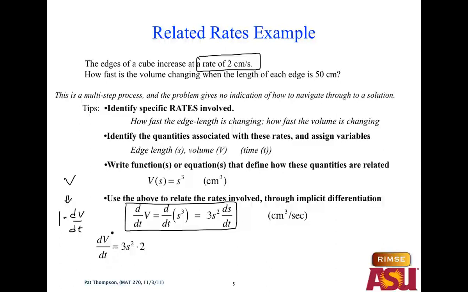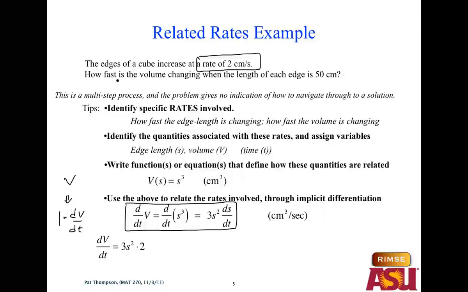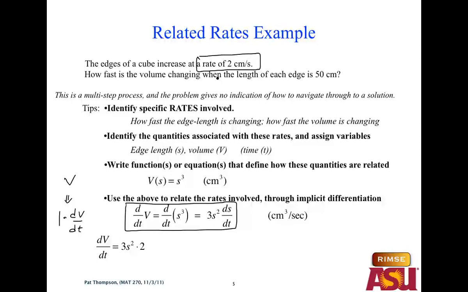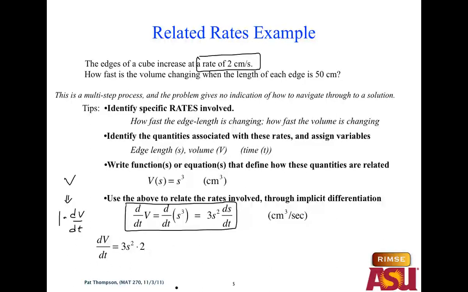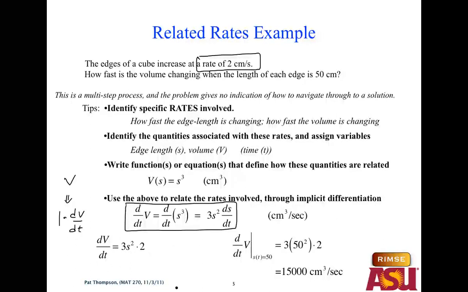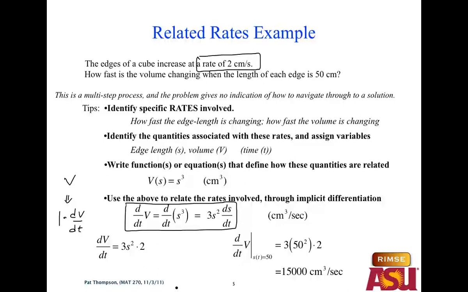We're trying to solve for dV/dt. How fast is the volume changing, dV/dt, when the side length is 50, and that's what we called s. So we're evaluating this rate of change of V when s is 50. That's this notation that we've seen a couple times.